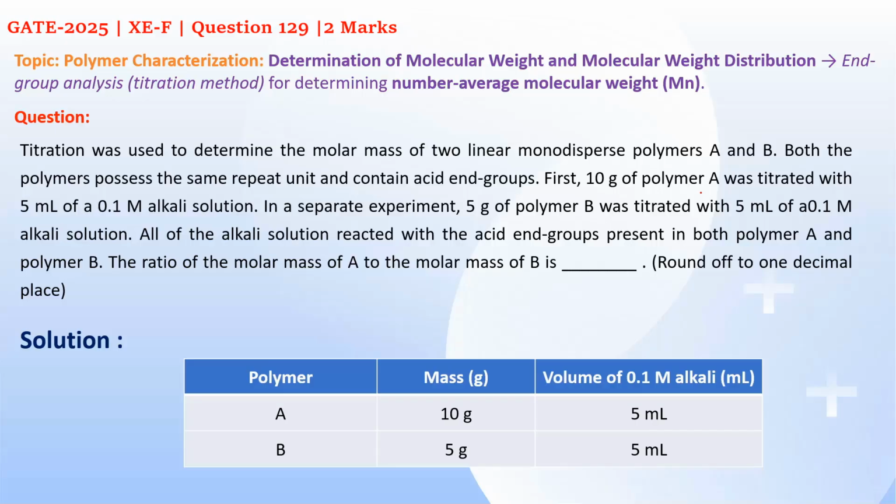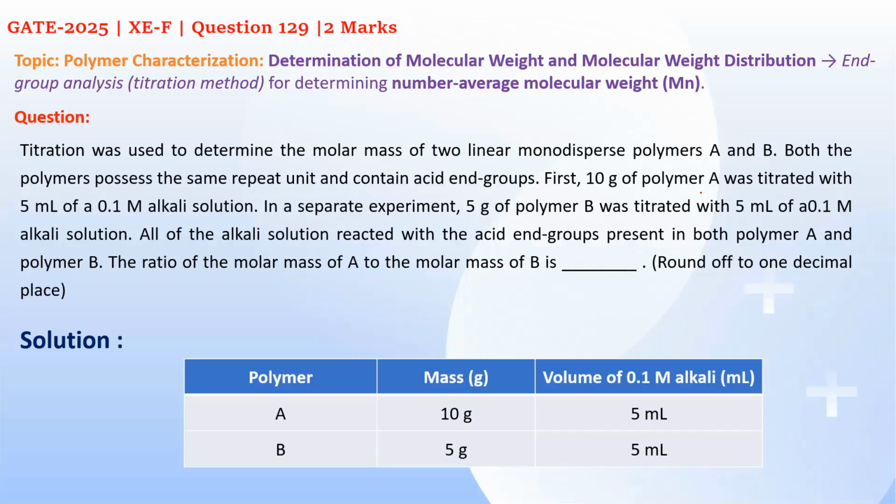In a separate experiment, 5 gram of polymer B was titrated with 5 ml of 0.1 molar alkali solution. All of the alkali solution reacted with the acid end groups present in both polymer A and polymer B. The ratio of the molar mass of A to the molar mass of B is ___.